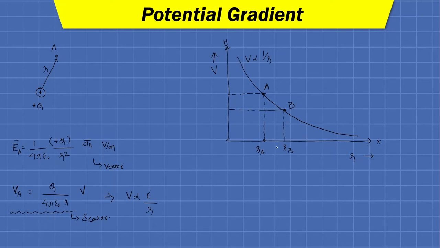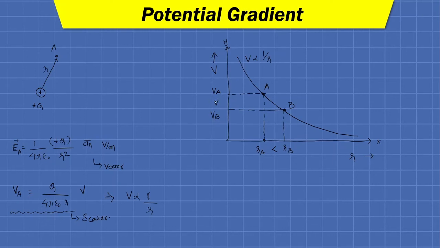Here we can say that RB is greater than RA. Similarly, the potential at A and B can be determined from the projection of the curve on the vertical axis, VA and VB. Here we can easily see that VA is greater than VB.